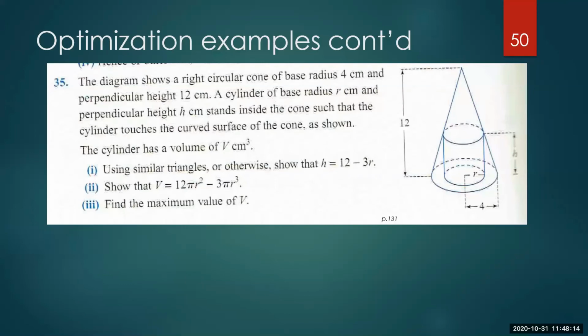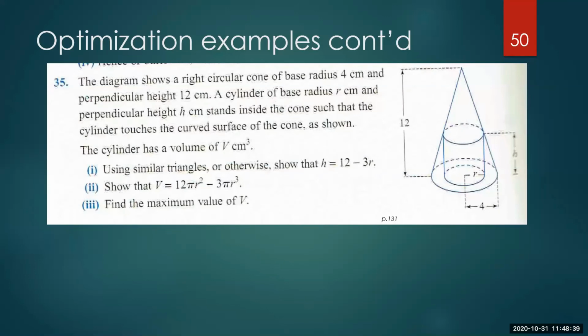The cylinder has a volume of V centimeters cubed. And so the question then is, find an expression for h in terms of r, then find an expression for volume in terms of r, and then find the maximum value of the volume of the cylinder. Okay.